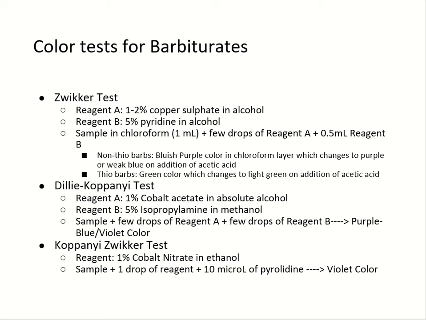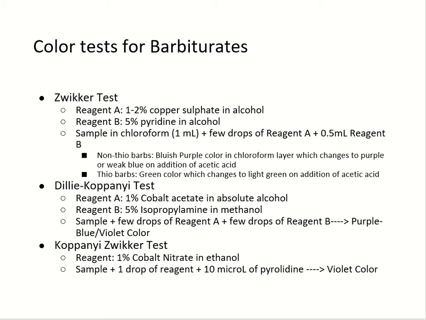Few drops of reagent A are added, followed by 0.5 ml of reagent B. For non-thiobarbiturates, a bluish purple color is observed in the chloroform layer. For thiobarbiturates, a green color is observed.